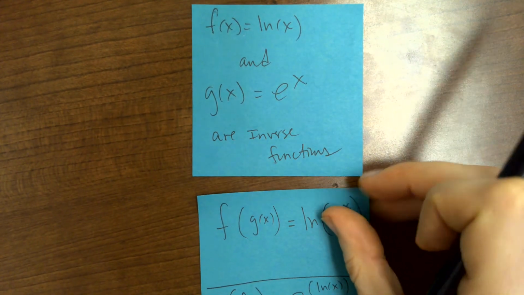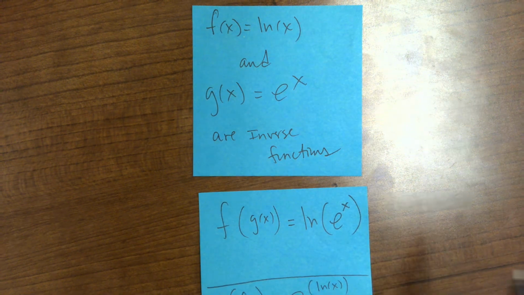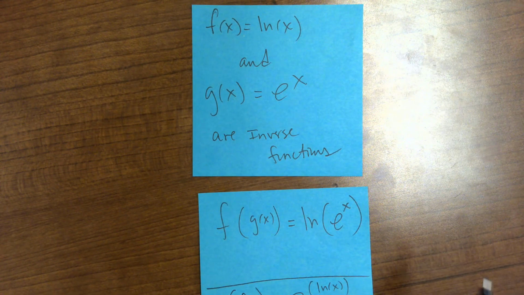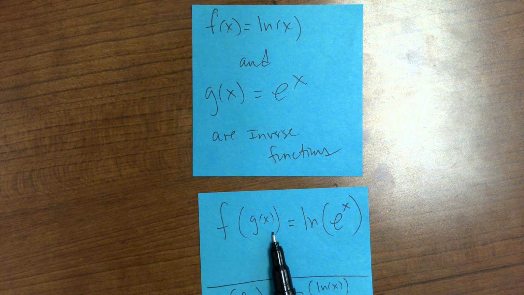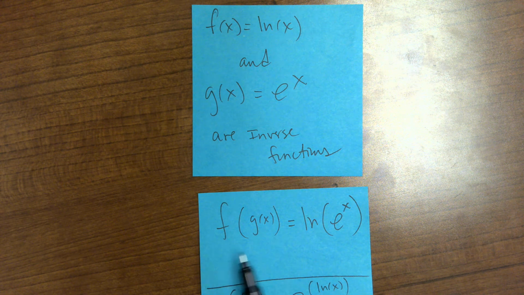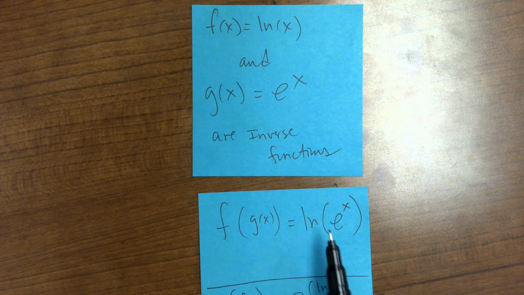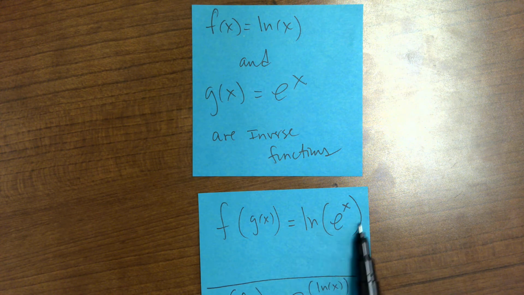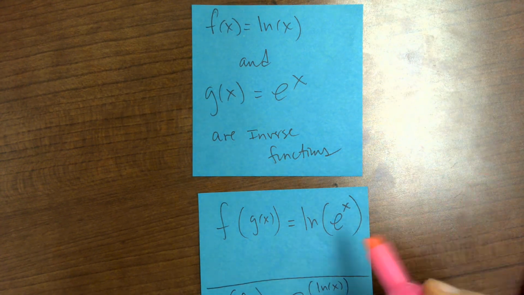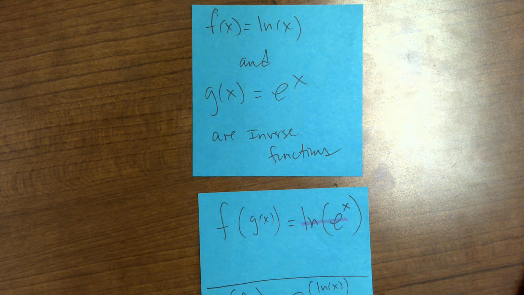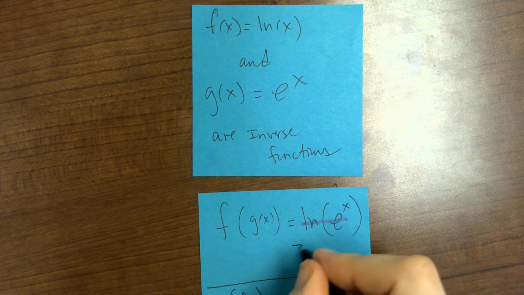And a composition of functions is when you put one function inside of another function. So here, I have put the g function as the input of the f function. All right, so the f function is natural log, so I put the g function e as the input. And guys, hopefully you'll remember from last year, what do a natural log and an e function do to each other? They cancel each other out. Okay, so this is just x.